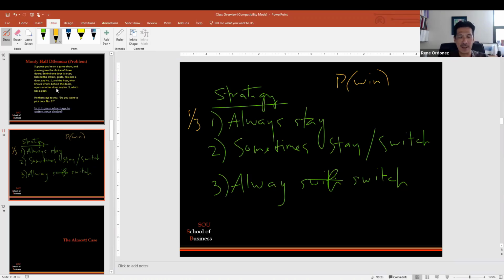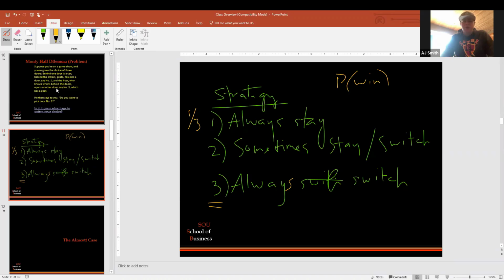But if the frequency of switching is more than staying, then the probability of winning will be closer to the 3rd option, the always switch strategy. So here's the question. What is the probability of winning if you always switched?